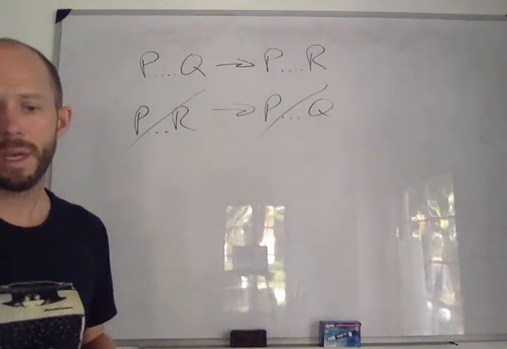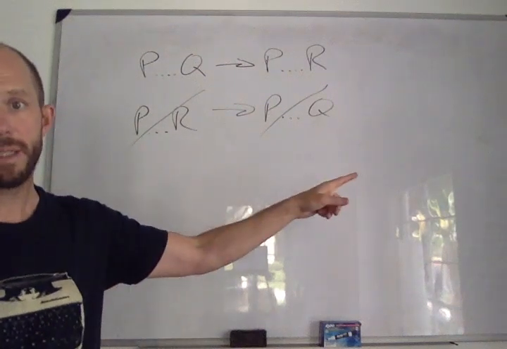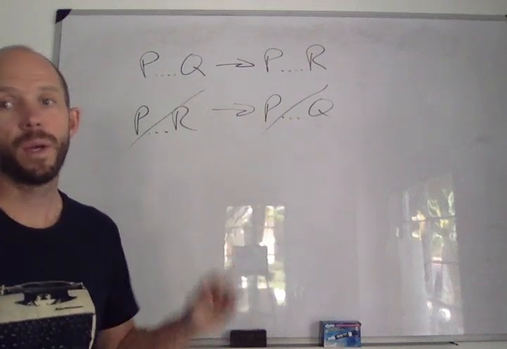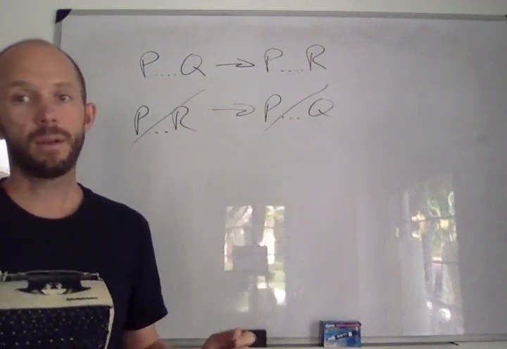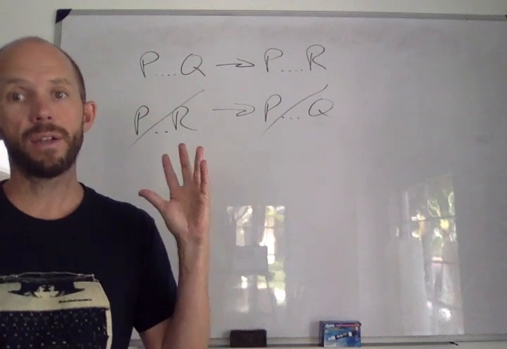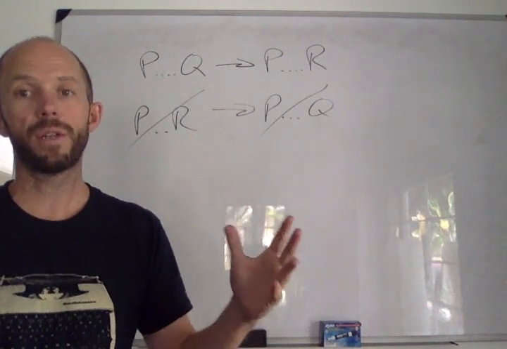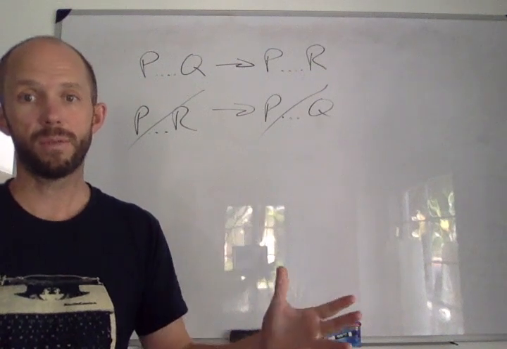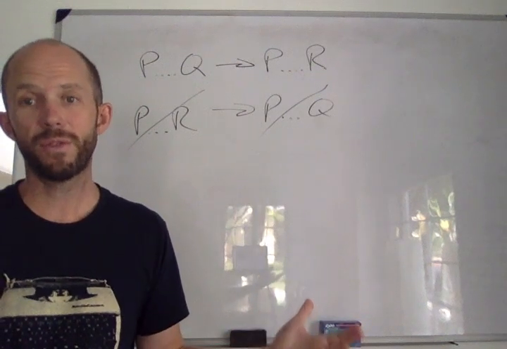If the rule is if P before Q, then P has to be before R, contrapositive, if not P before R, then not P before Q. Technically correct. Also not useful as far as working toward a solution to the actual puzzle, which is what we're supposed to be trying to do in the first place.